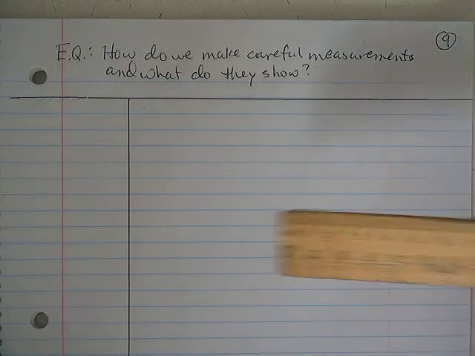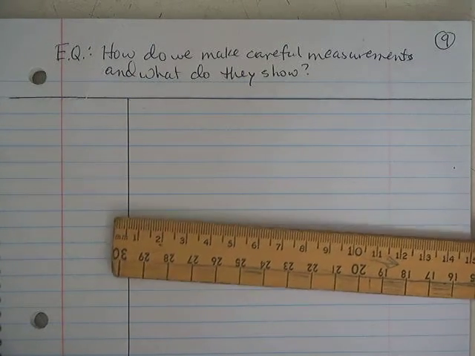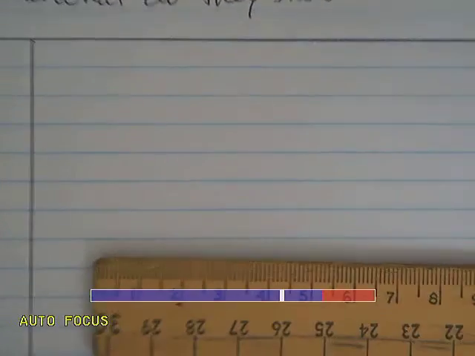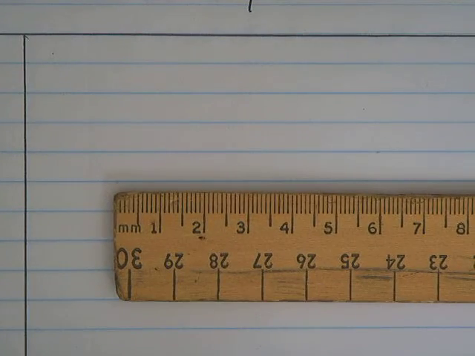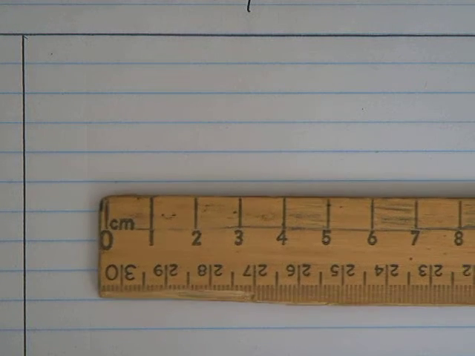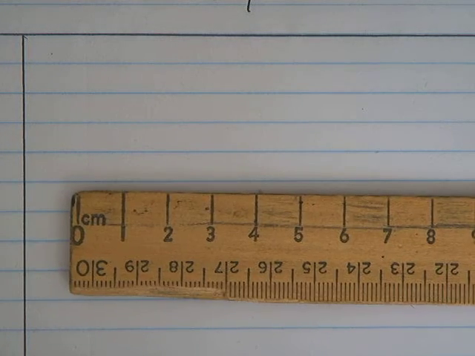To begin with, a couple of the more common measuring instruments we're going to use are our good old wooden centimeter rulers. It's a little bit confusing for students because, let me flip it over for a moment. On this side it says centimeters. And yes, absolutely, each number here with each big line measures 1 centimeter.